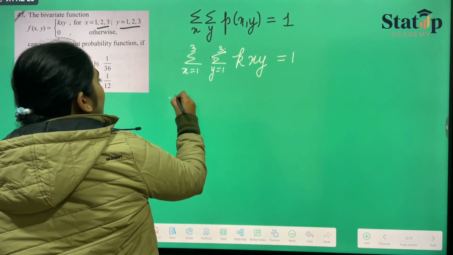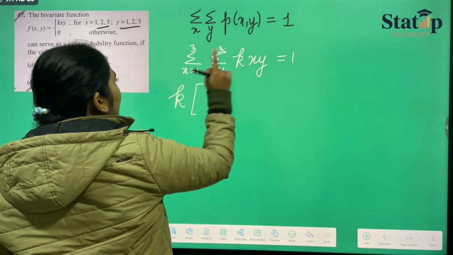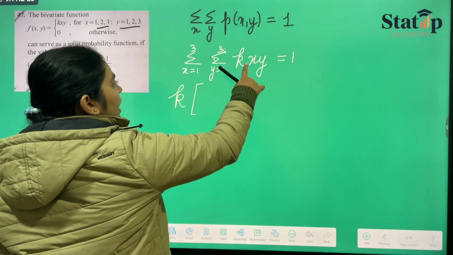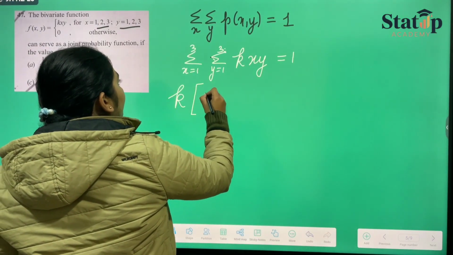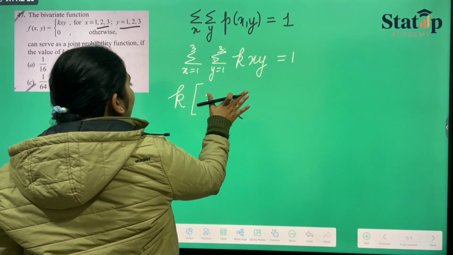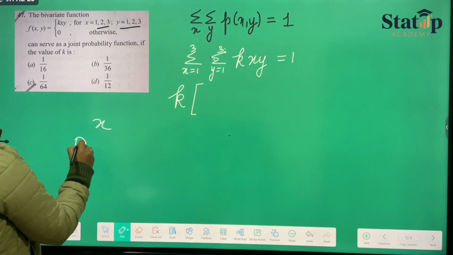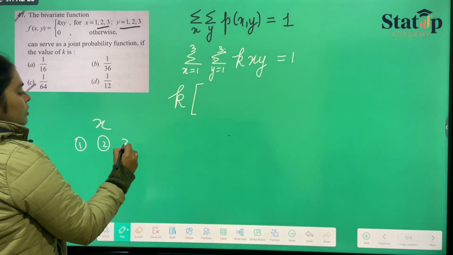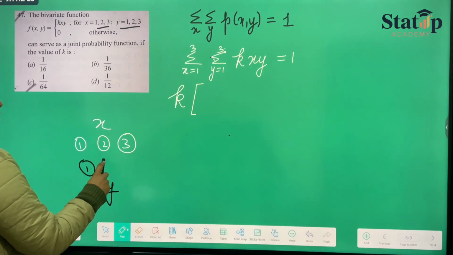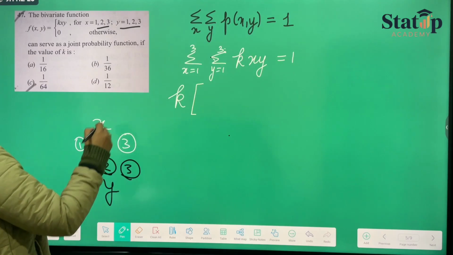Now k will come outside because it is only in multiplication, and here the multipliers will be x with values 1, 2, 3 and y with values 1, 2, 3, and they get multiplied. So x has values 1, 2, 3 and y has values 1, 2 and 3, and x and y will get multiplied.